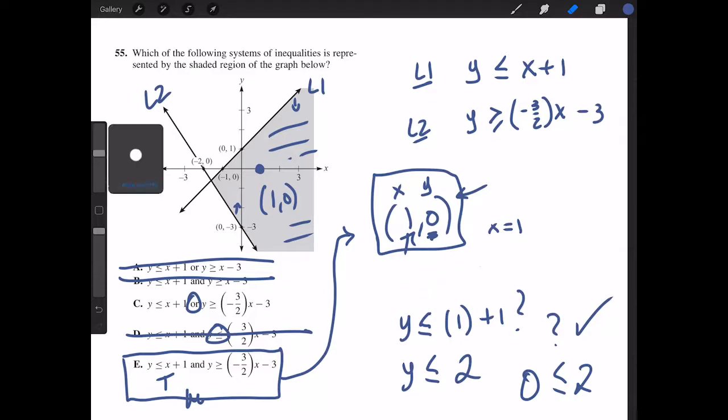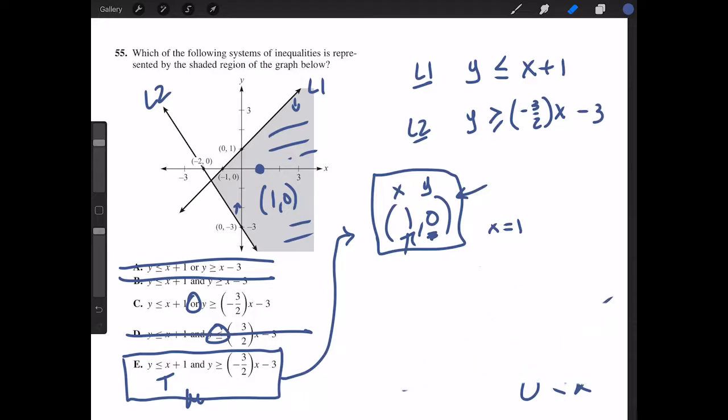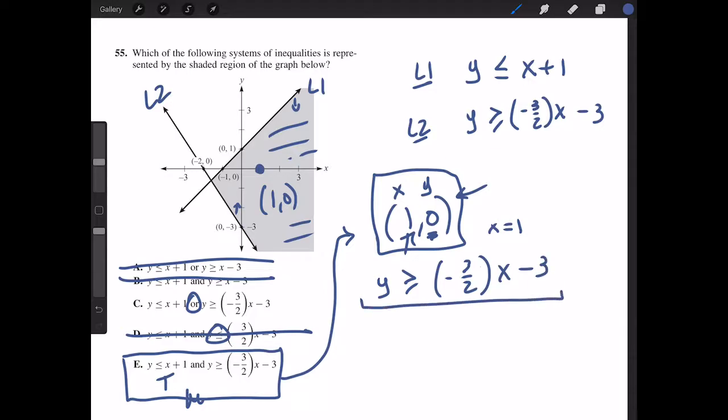What about if we use the same point but now on the other inequality? So that means that we take y is greater than or equal to (negative 3/2) times x minus 3. Is this going to be true given the point 1 comma 0? Well, again, x equals 1, plug it in, so we get y is greater than or equal to (negative 3/2) times 1 and then minus 3.